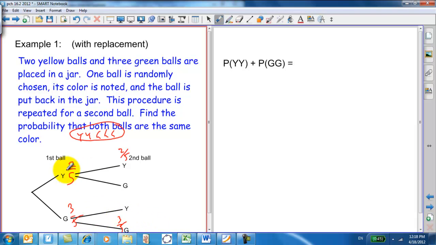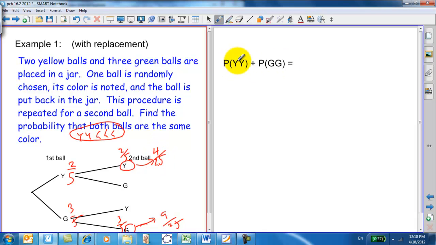So I put the conditional probability on the branches as we head out here. So notice this probability of y. We actually end up multiplying these two to get to this leaf. This leaf is 4/25. I'm sorry, I should have said 4/25.